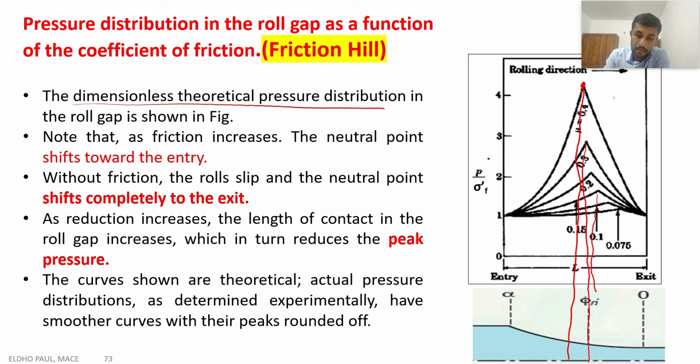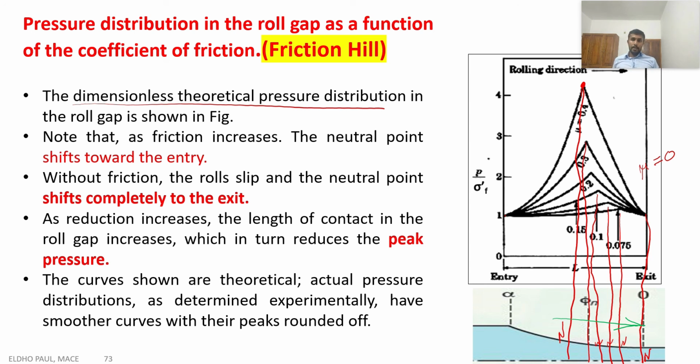This is the neutral point under different mu values. When mu equals 0, that means when there is no friction between the workpiece and roller, the neutral point will be at the exit. This will be the location of the neutral point. And this is the location of the neutral point at lower values, and at a higher value of mu, this is the location of the neutral point. That means the neutral point is shifting towards the exit when we reduce the coefficient of friction.